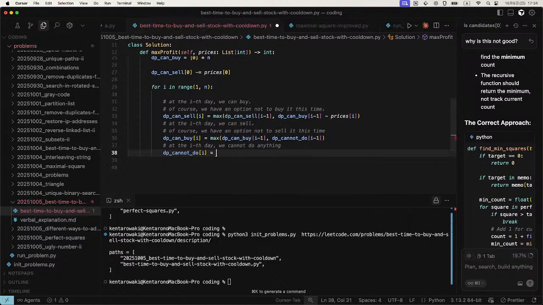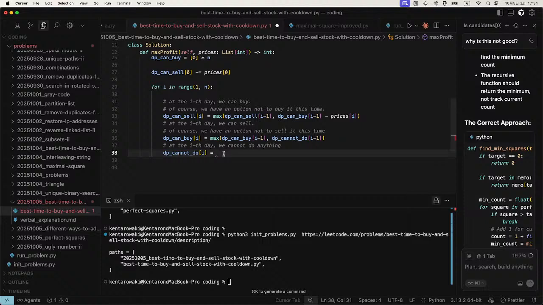We do nothing anyway, and cannot do. So at the end of the day we might transition to the cannot do state. It's because we sell the stock.